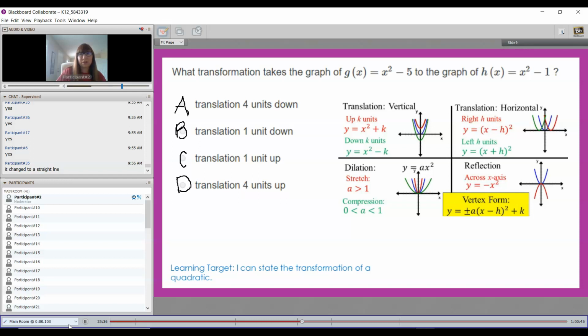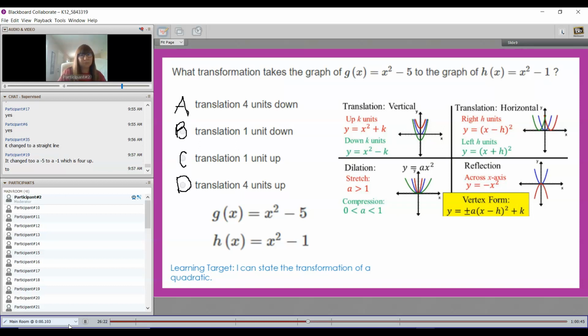That's a good tip. Okay, what happened here? Think about this one for a minute.